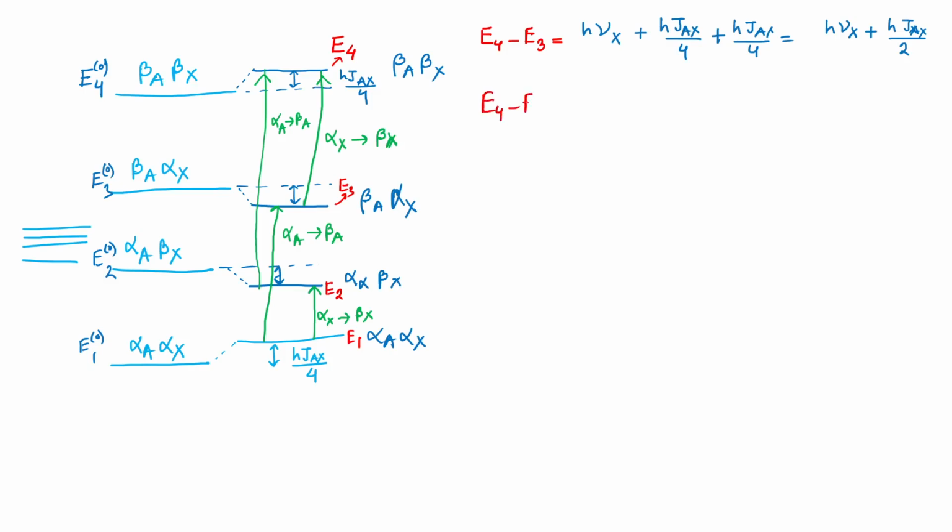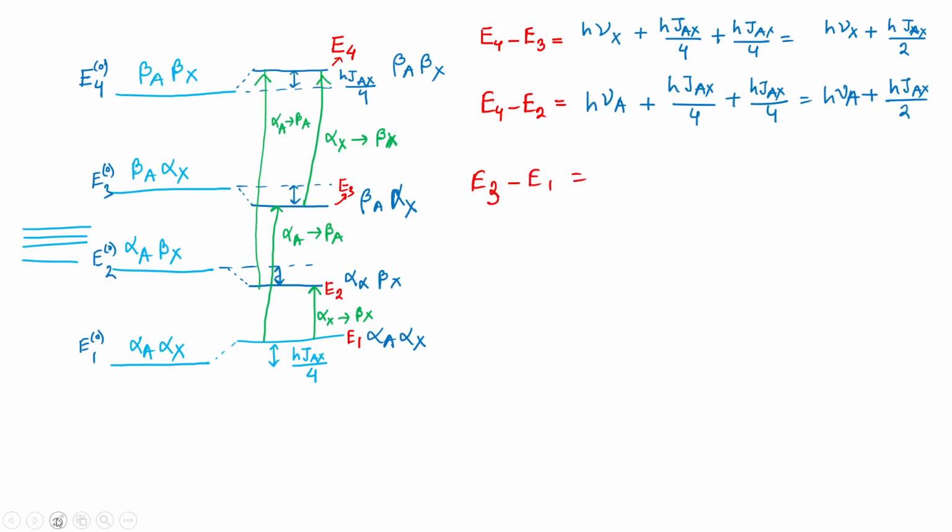Again, if you see for E4 minus E2, earlier it was hν_A. Now the upper energy has been shifted by this and this, done similarly. For the next one, how much was it?